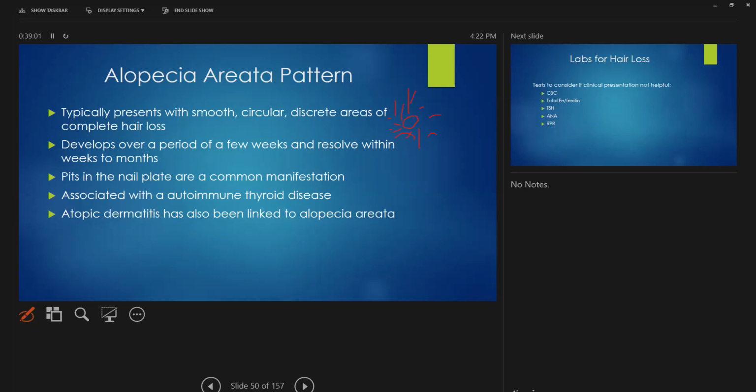So sometimes you'll see that they're already starting to grow back their hair in the spot where they lost it. Pits in the nail plate are a common manifestation associated with autoimmune thyroid disorder, so keep that in mind. Atopic dermatitis has also been linked to alopecia areata. So basically just hair loss in one spot here, and it's complete hair loss.